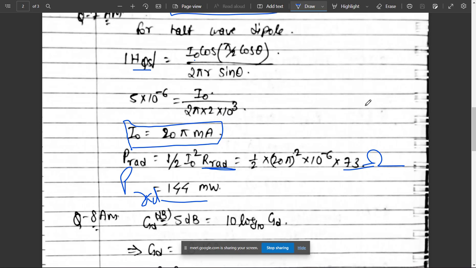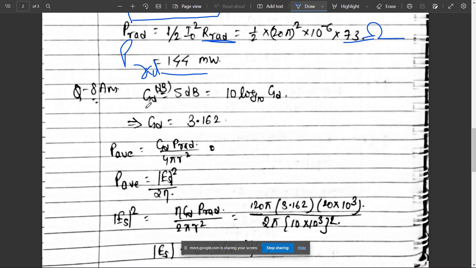Let's see how to solve this question. Gain in dB is given. First, we will convert the gain in dB into the normal absolute value. Like the way I told you, 5 dB is equal to 10 log of the absolute value of gain. So gain will become 3.162. Do you have any doubt till here?